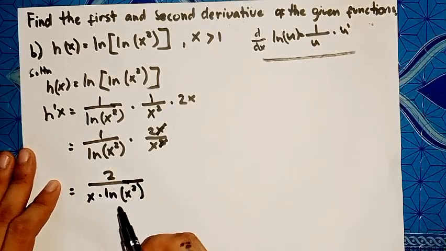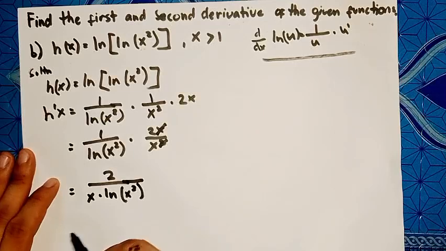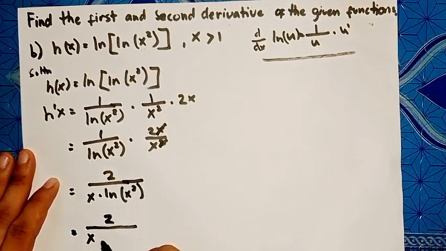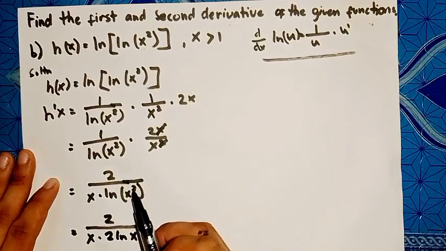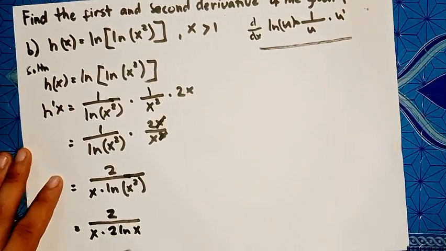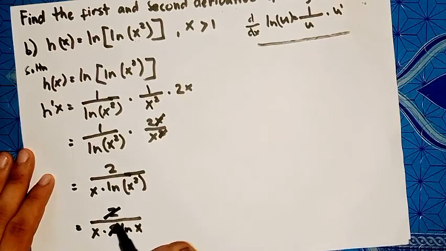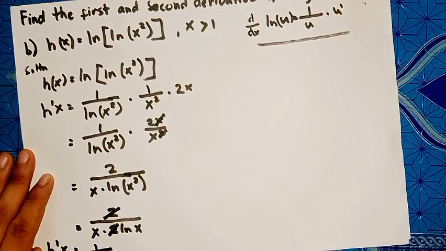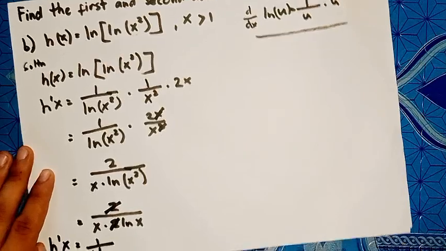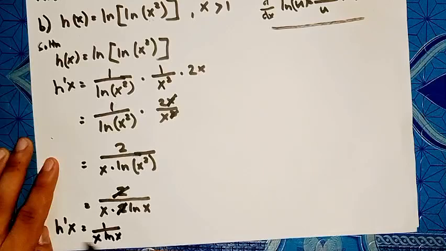As you notice, ln x squared is just the same as 2 ln x. The exponent will go to the front of the ln. So we can cancel 2 over 2. So h prime of x is equal to 1 over x ln x.